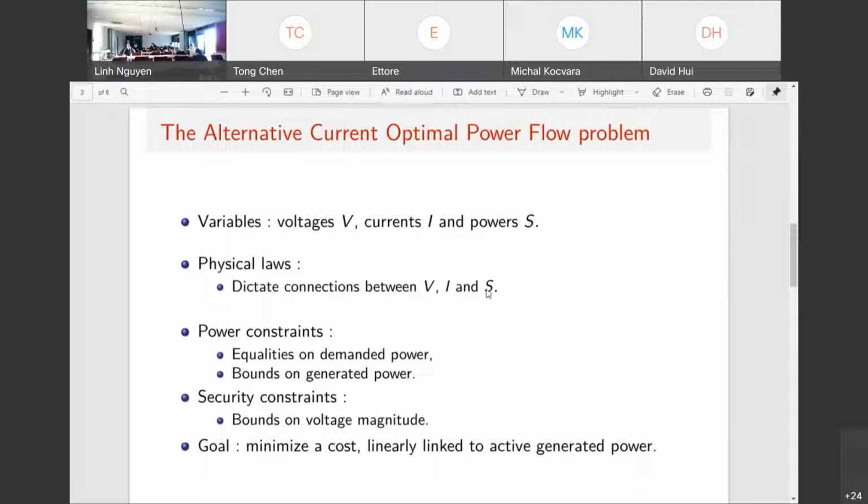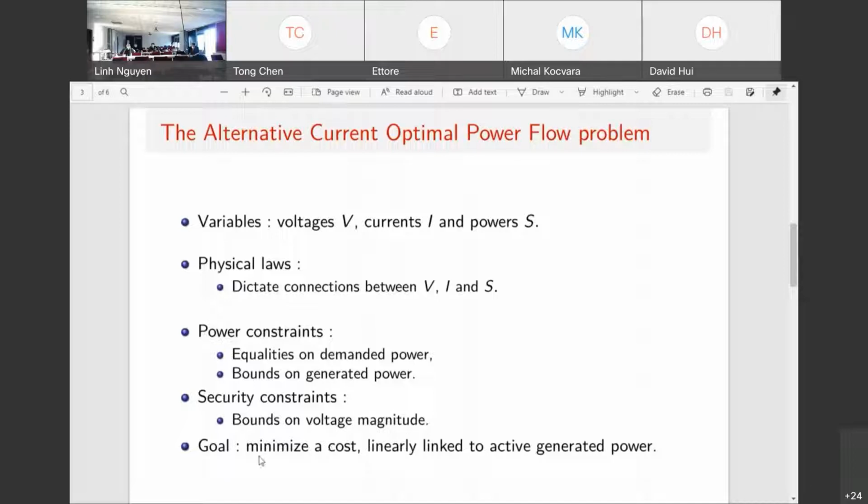We have physical laws, and of course the main control variables are generated power; the demanded power or loads are usually an input of the optimization problem. And we have security constraints, so bounds on voltage magnitude. So you have a complex variable and a bound on its modulus.